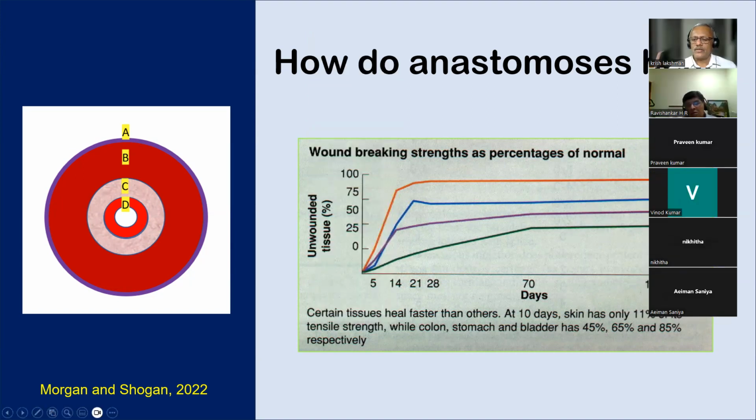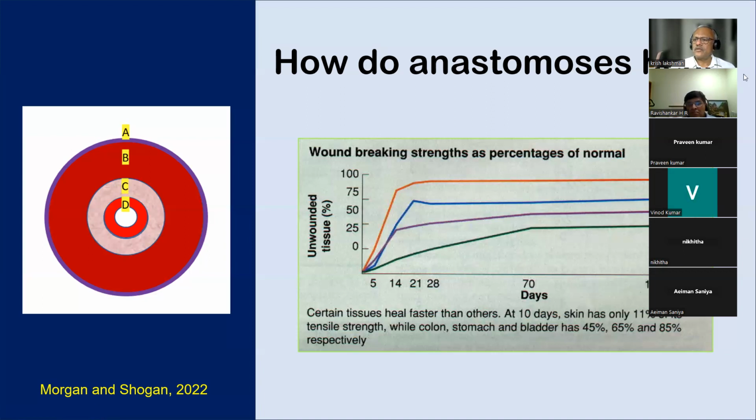At 10 days, for example, the urinary bladder has nearly 85%; the maximum strength you get is about 90%, you never get 100%. So within 10 days, the urinary bladder will have regained a lot of its tensile strength, 65% for the stomach and 45% for the colon.